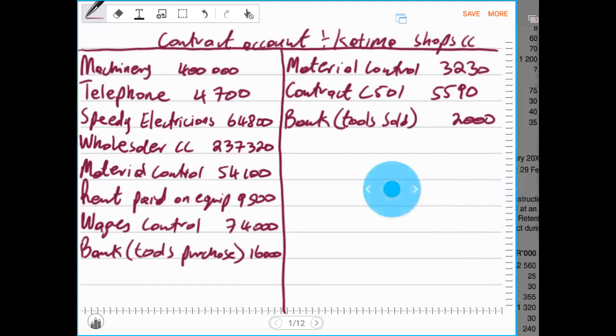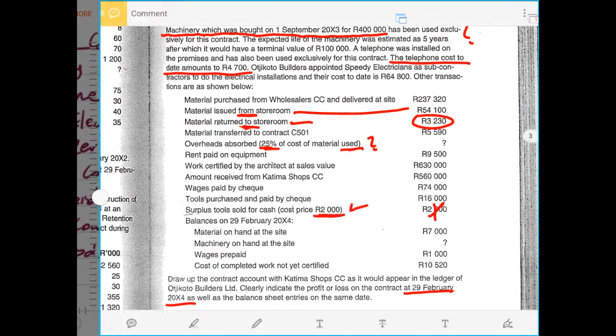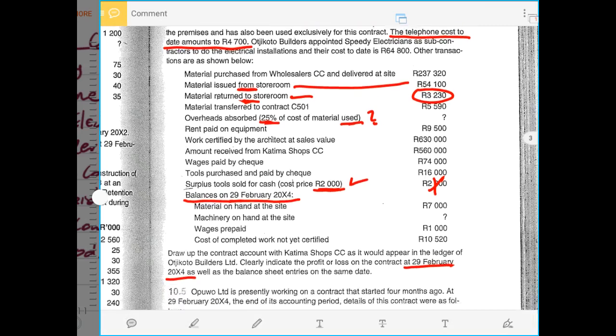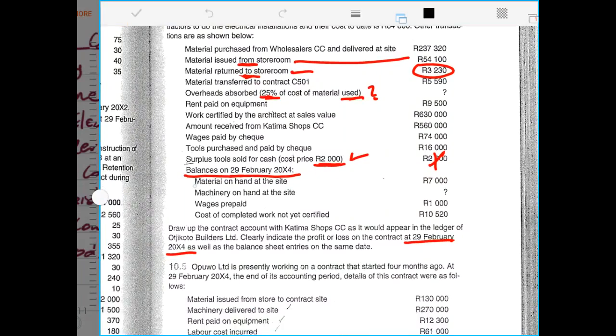Then now we go to the next entries where we are given the closing balances. The next entry says balances on the 29th of February 2004. These are the balances that appear at the end of the period. We are given the material on hand, and the material that is on hand is 7,000 rands.